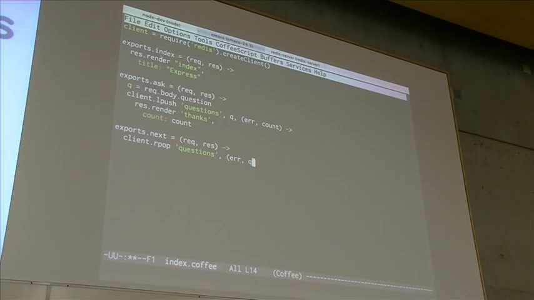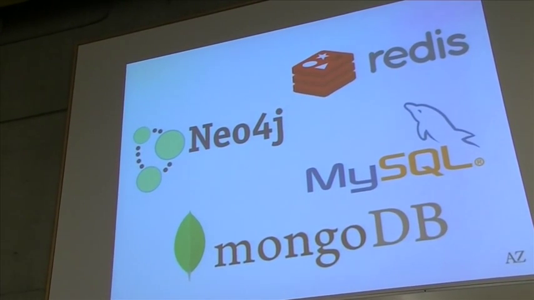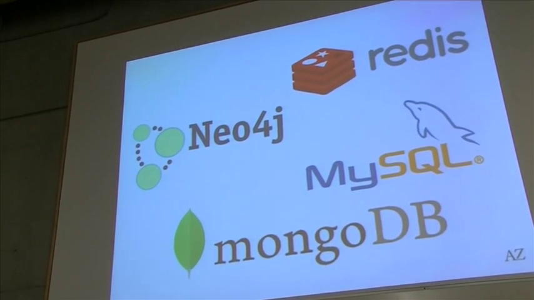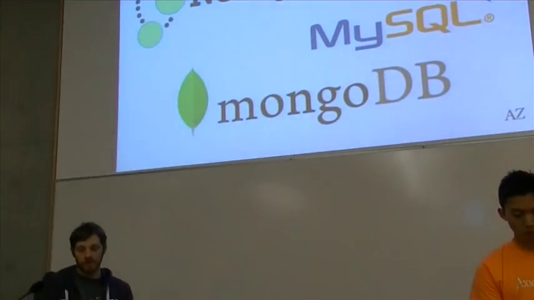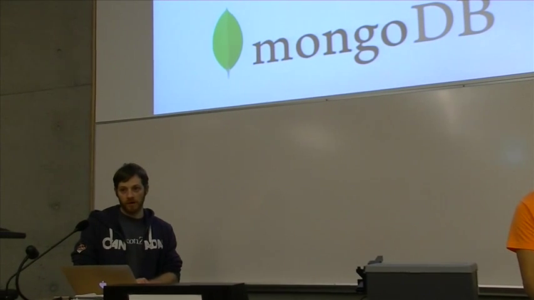We've used Mongo. We're looking into Neo4j. Neo4j is a graph database. Mongo is a document store database. MySQL is just a standard SQL-based database, and then Redis. So if you're building a shopping cart, you would use something like Mongo.